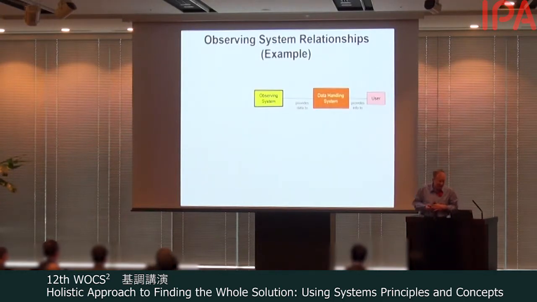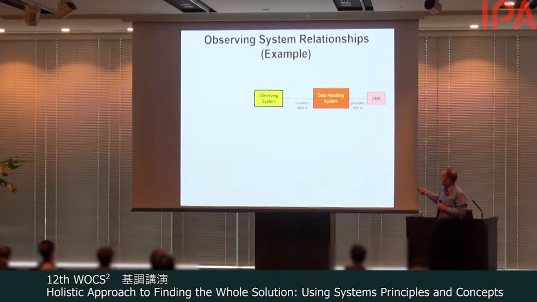So here's an example of some relationships of an observing system architecture. I did this two times. One with our government agency that's responsible for the National Weather Service, the National Oceanic and Atmospheric Administration. And the second time was within our own NASA, because NASA and NOAA both are dealing with observing systems, observing the environment, observing the Earth.